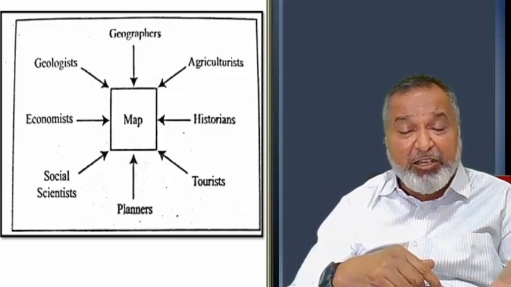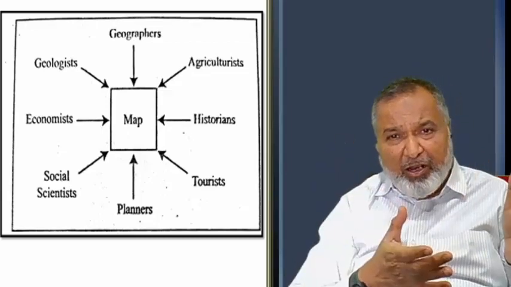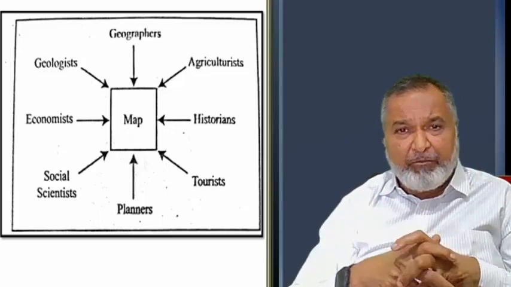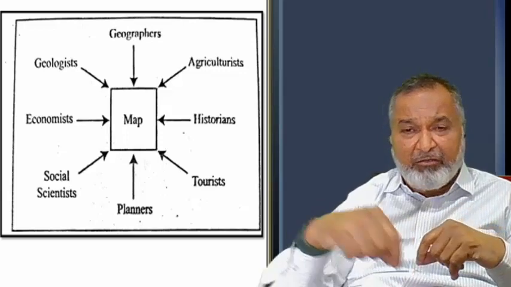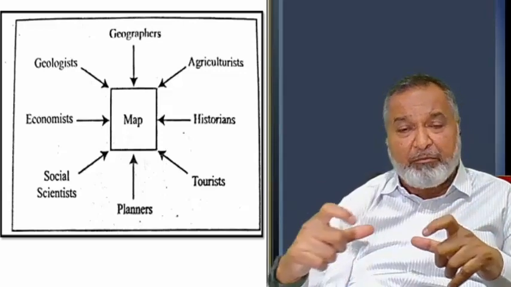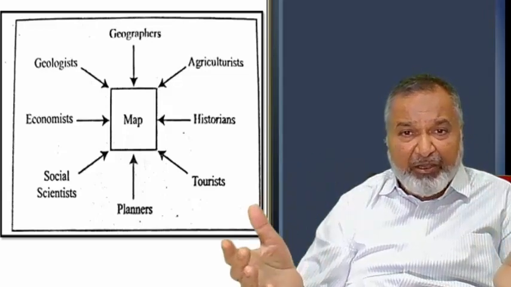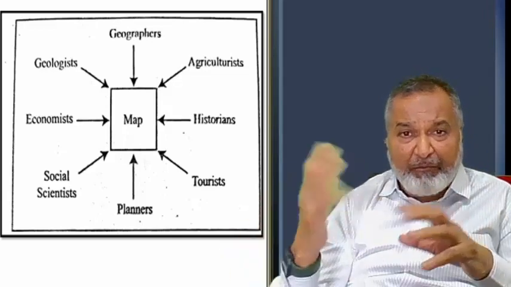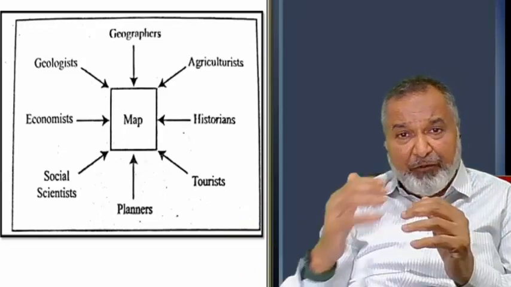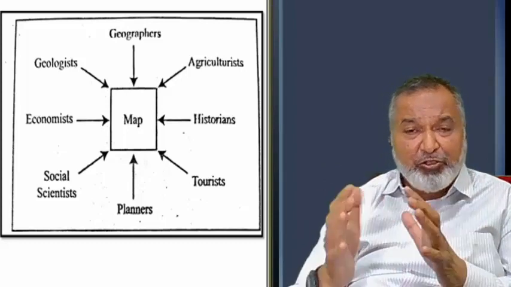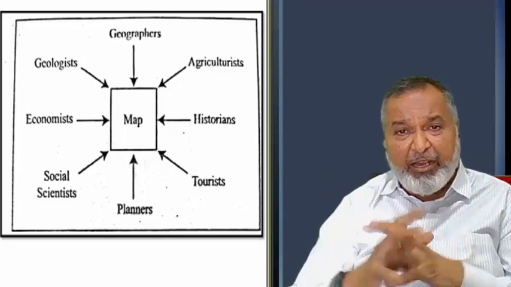Then the planners: even in a small corporation area, if you want to have a sewage line, the proper map planning has to be done. Social scientists are required to make plans for the future. Economists are required to plan what the future will be, so that the GDP does not go up or down unexpectedly. So that planning has to be done.